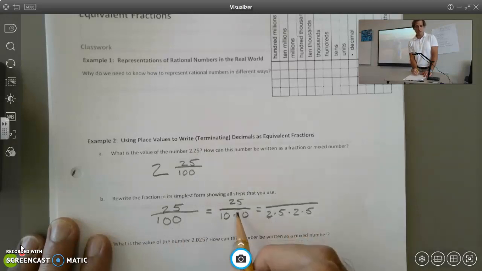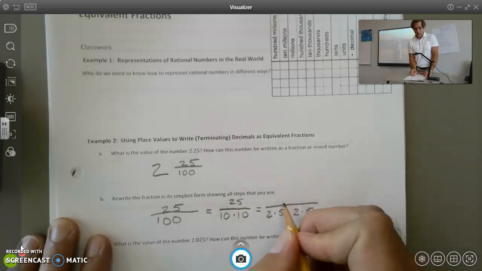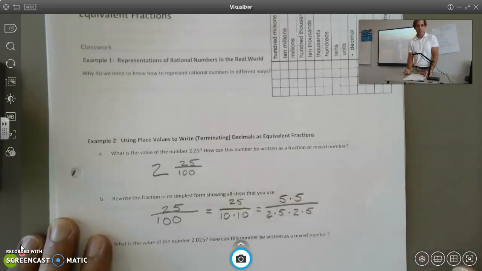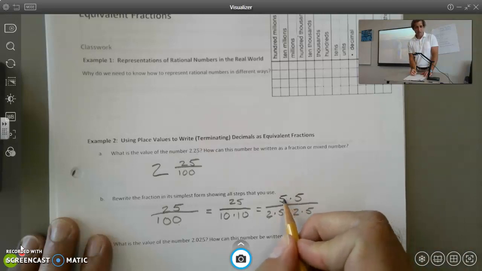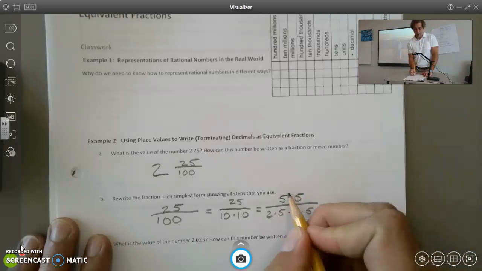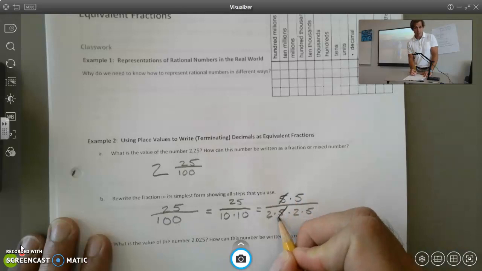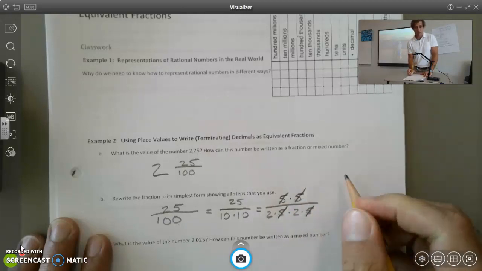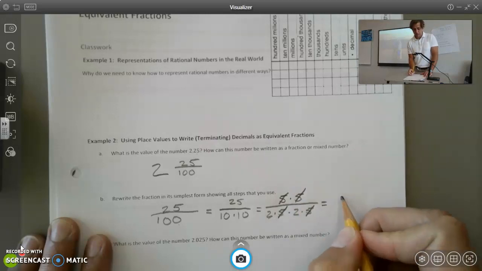Let's do that same thing in the numerator. If I took 25 and created prime factors, it would be 5 times 5. And now I can simplify this fraction. I have a 5 in the numerator and a 5 in the denominator, so those would cancel. I have another 5 in the numerator and another 5 in the denominator, so those would cancel. And my fraction would be 1/4.